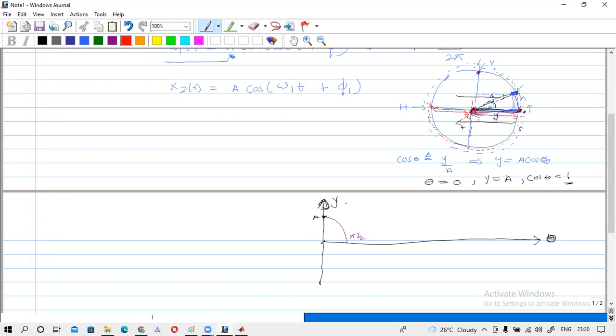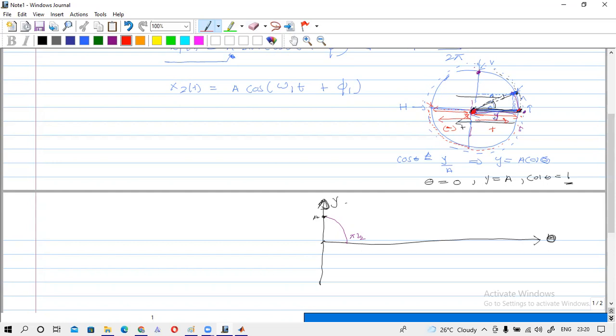From this point, this side direction we consider as plus, and this side direction we consider as minus. Okay, I'm sorry for that mistake. So this is the reference point. We have to measure the distance and direction starting at this point.